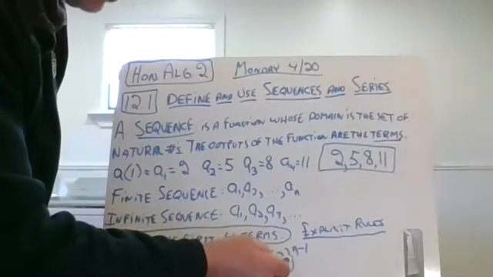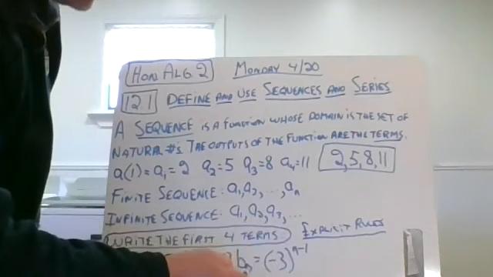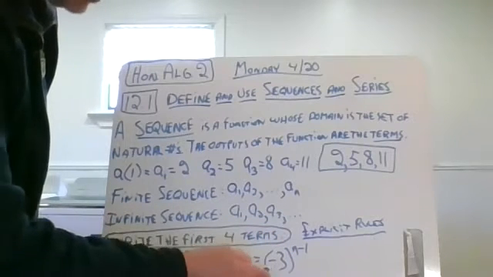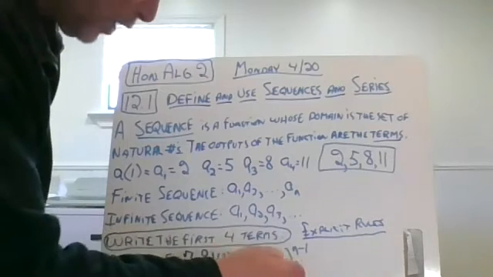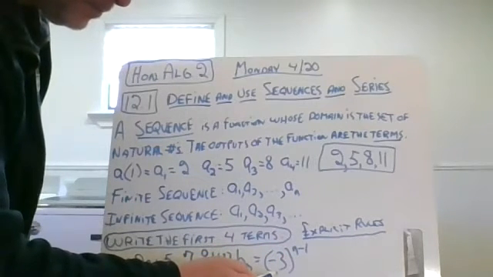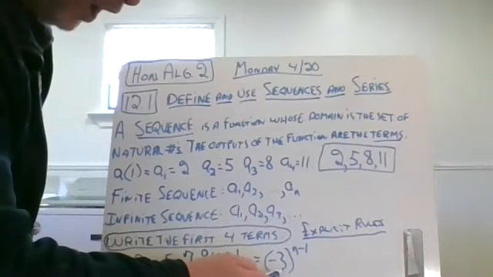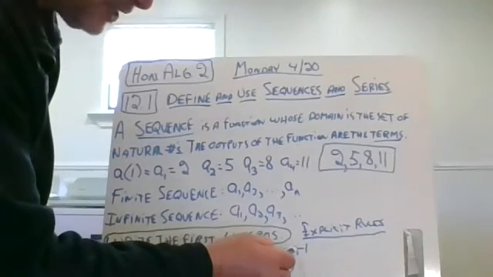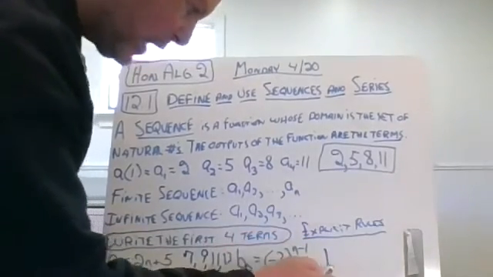This one is exponential because your variable is in the exponent. So now I got b sub n being negative 3 to the n minus 1. So what is b sub 1? 1. It's negative 3 to the 0, isn't it? And that's positive 1.